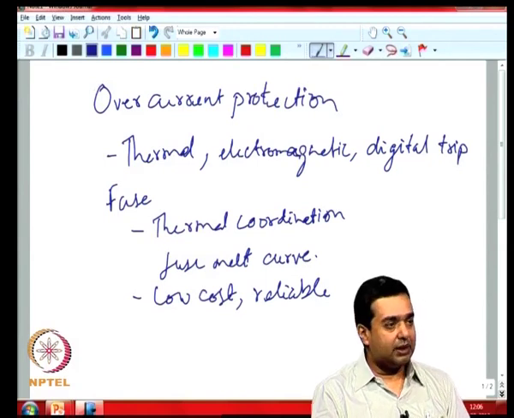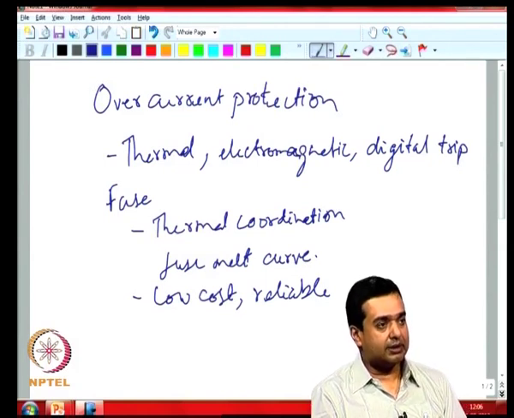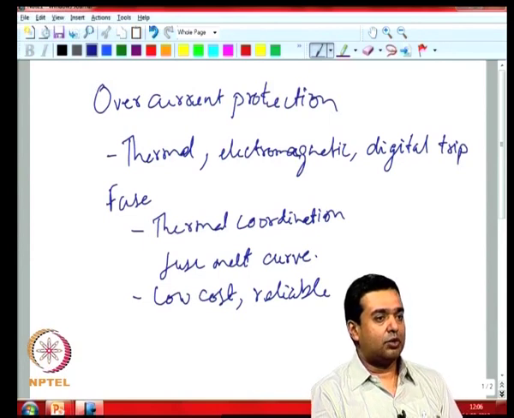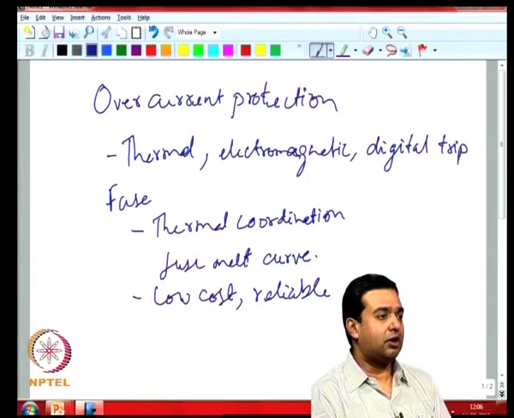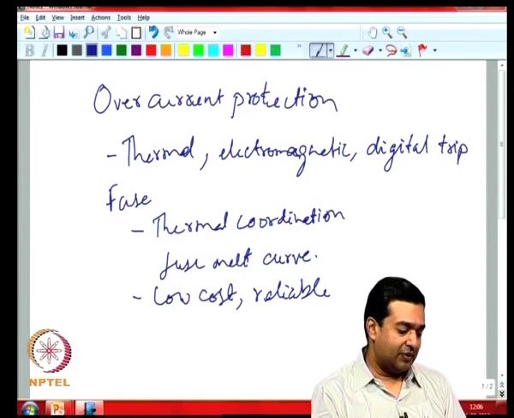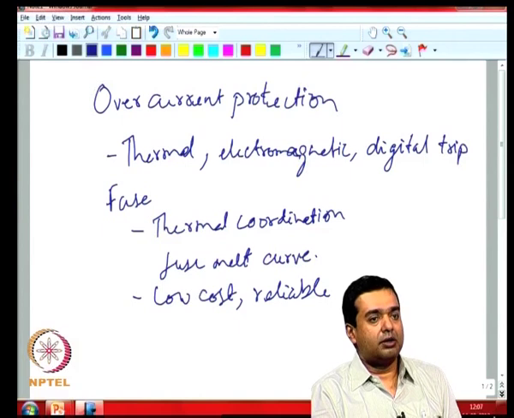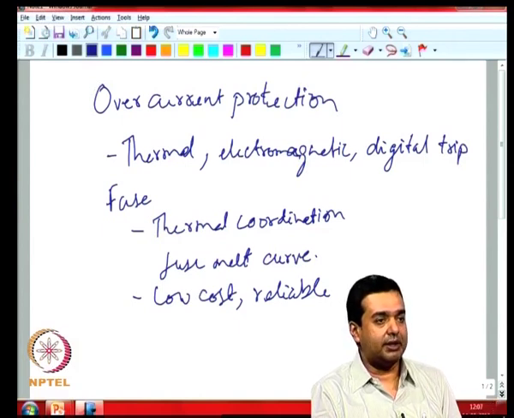But you have other concerns. If you have a 3-phase system, the overcurrent might cause the fuse in one phase to melt and not all 3 phases. So, you could have single phasing of lines; you will not be able to ensure that all fuses operate simultaneously.